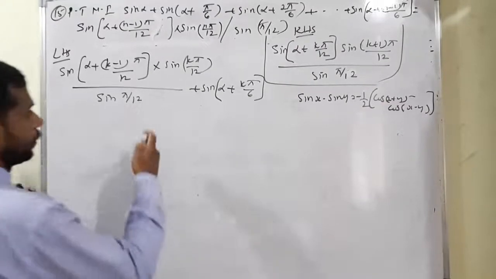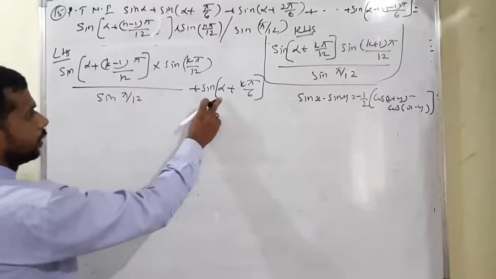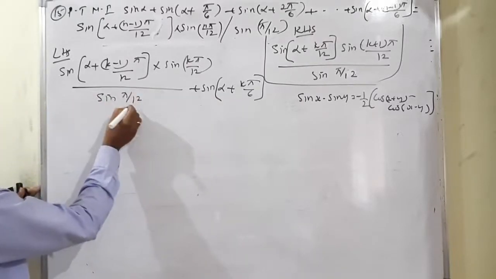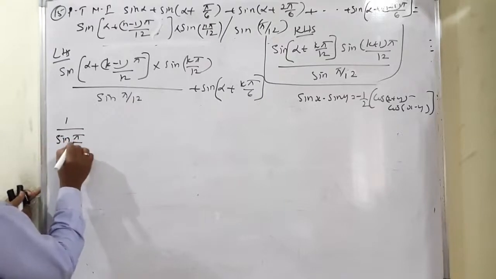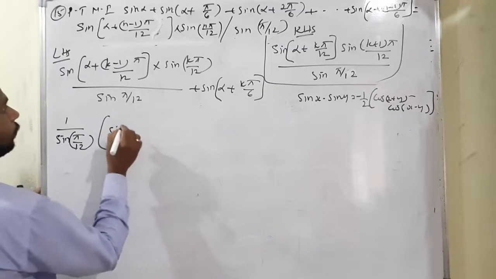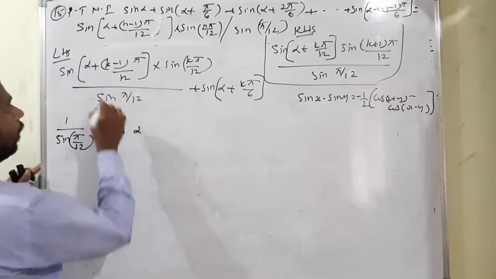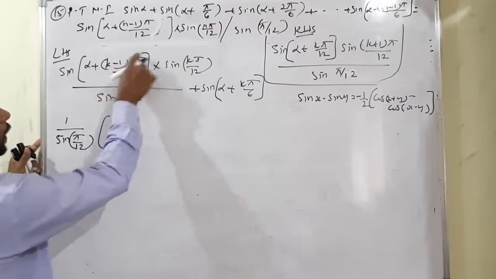So now first take the LCM, the common denominator, sin pi by 12, will come. So 1 by sin pi by 12, then inside sin of alpha plus, if you remove the bracket, k pi by 12 minus pi by 12, isn't it?